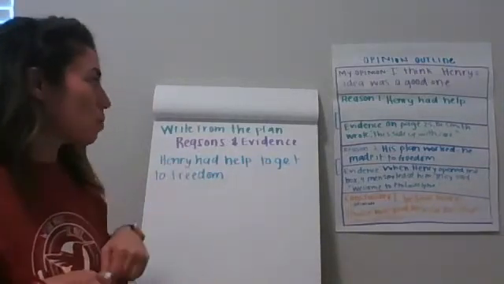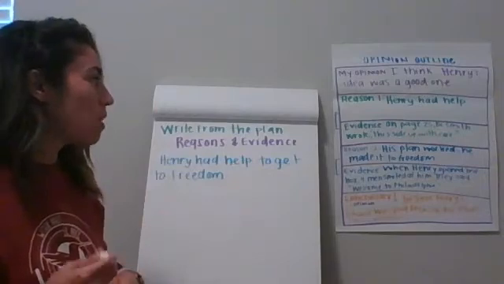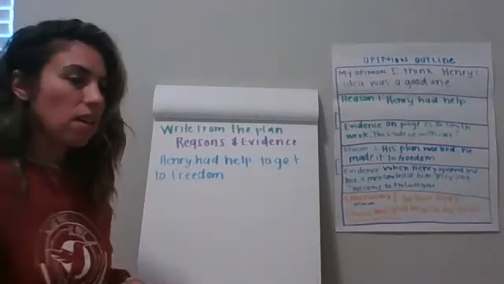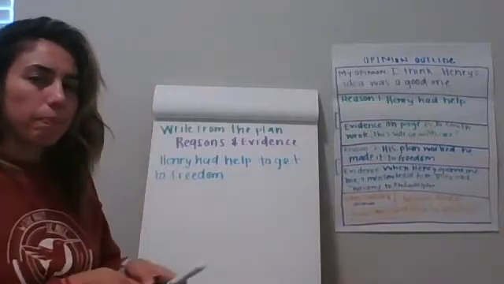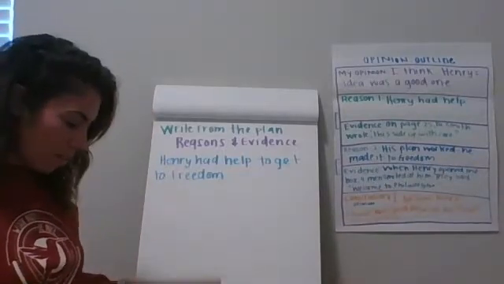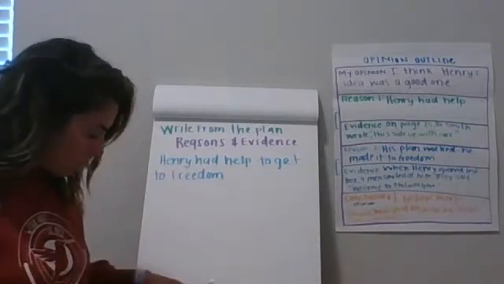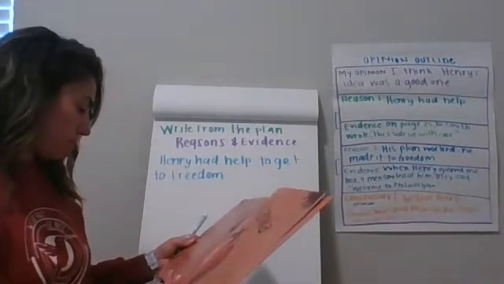Okay, my evidence was on page 25, Dr. Smith wrote, "This side up with care." Oh yeah, I wonder if there's anything else that I could add to make my writing be stronger.